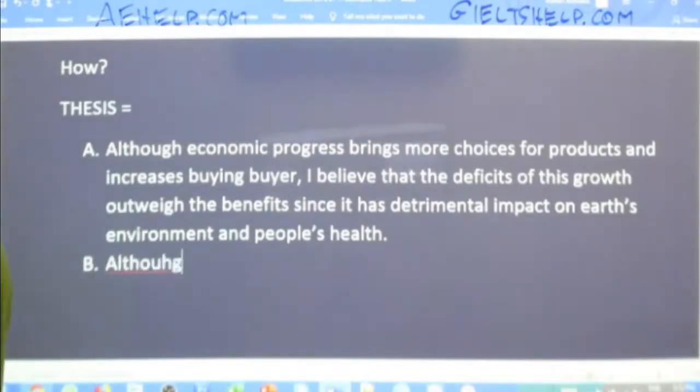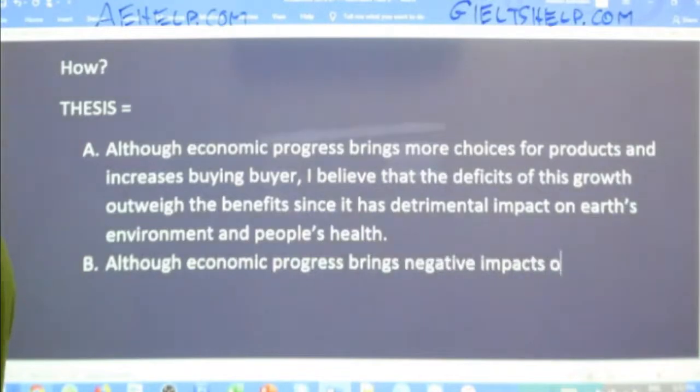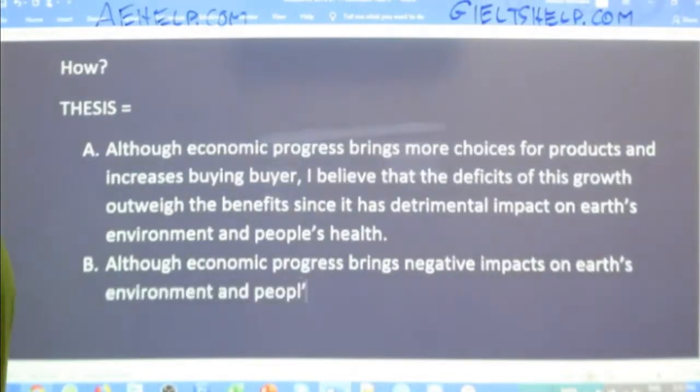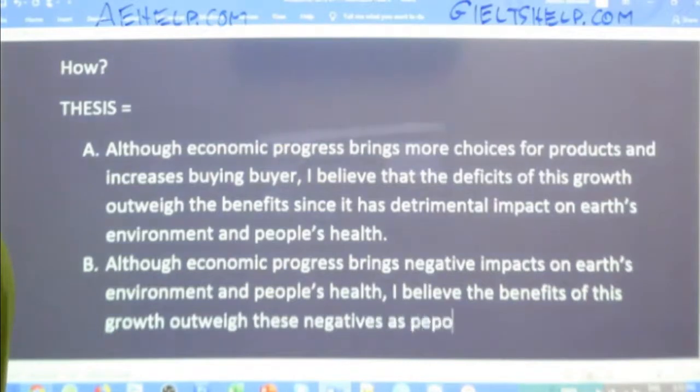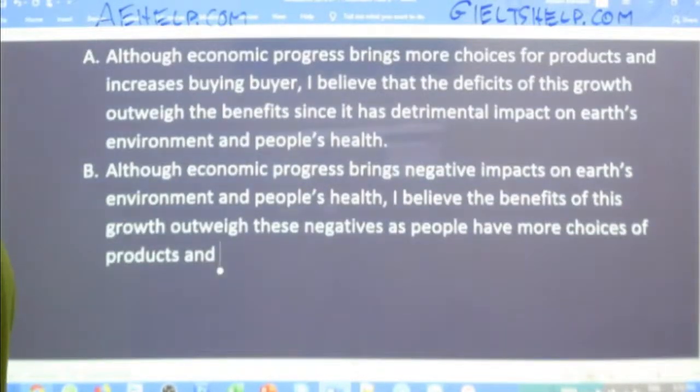Although economic progress brings negative impacts on Earth's environment and people's health, I believe the benefits of this growth outweigh these negatives as people have more choices of products and increased buying power.